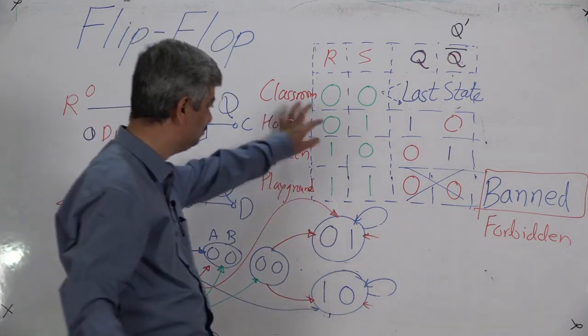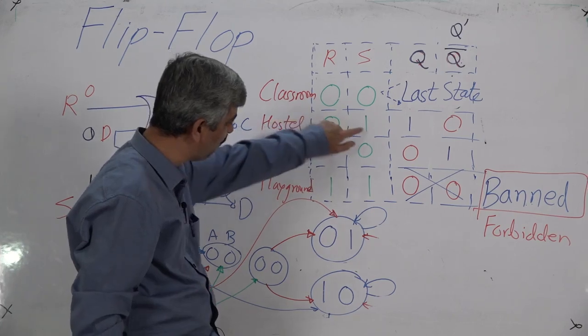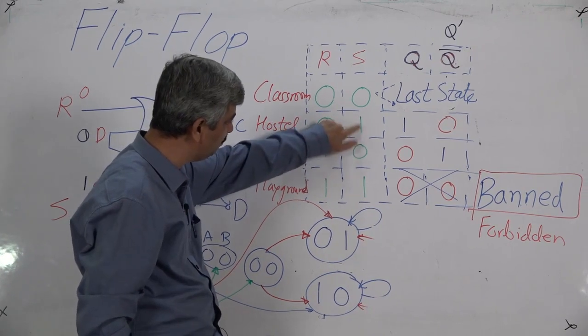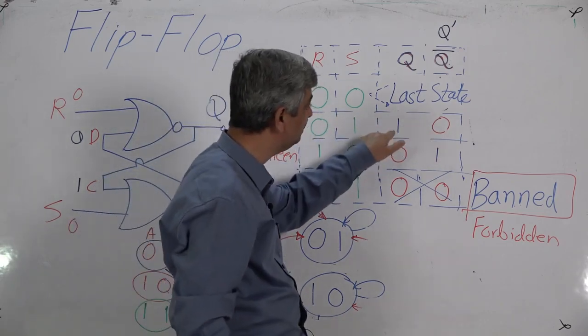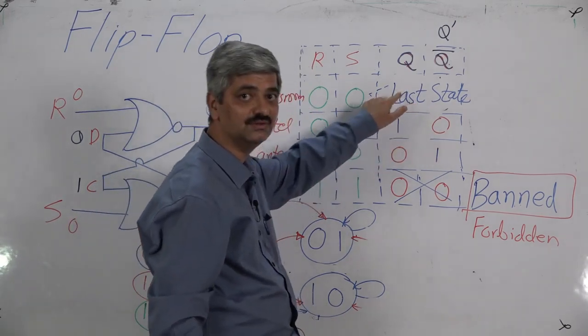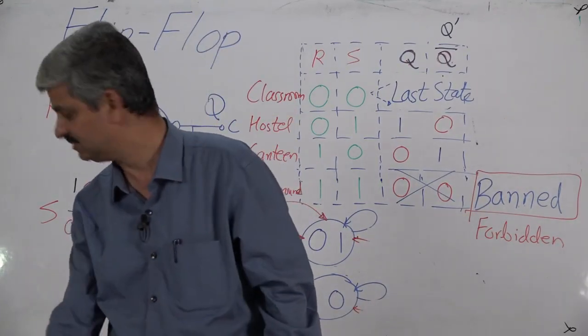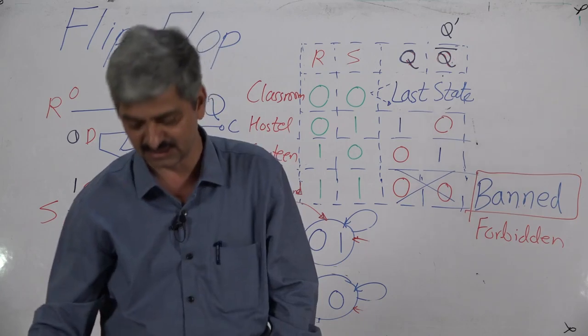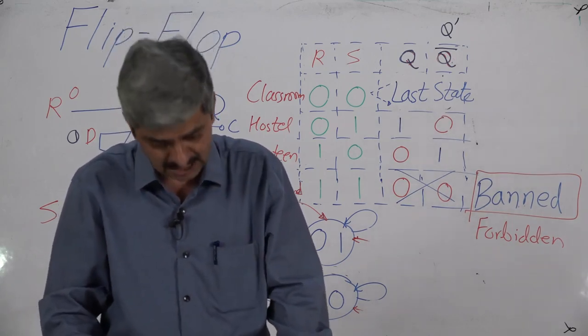This is the banned state, we will not allow this. So when from 0, 1 you go to 0, 0, the previous memory continues. The ability of a sequential circuit to remember the state is called memory. So this is the simple SR flip-flop.